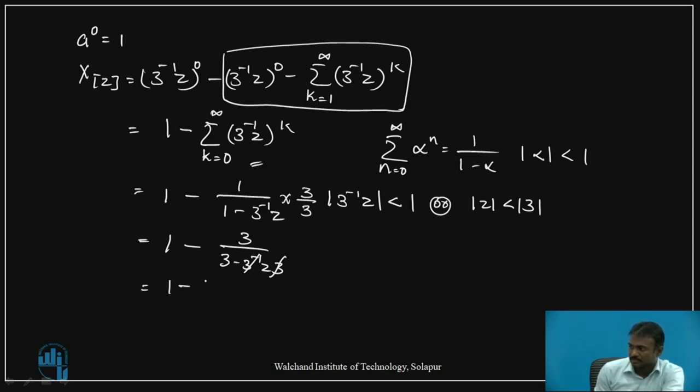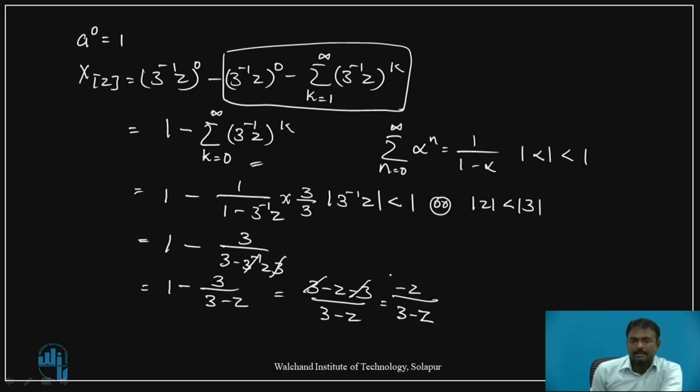So this will be written as 1 minus 3 divided by 3 minus z. Further this will be simplified as 3 minus z minus 3 divided by 3 minus z. So 3 and minus 3 will cancel. So this will be written as minus z divided by 3 minus z here, where ROC is mod z less than mod 3.